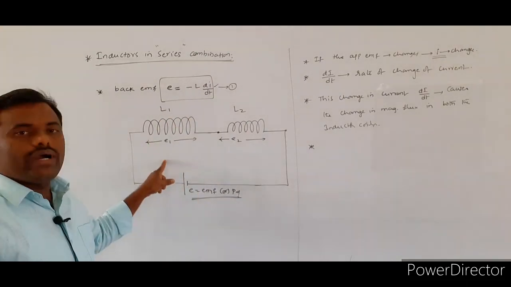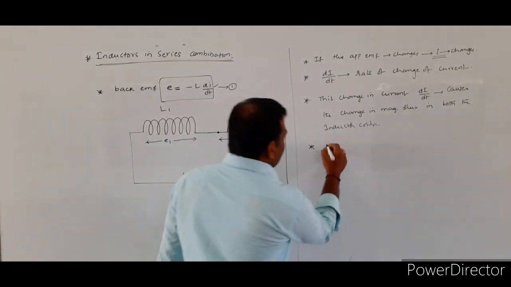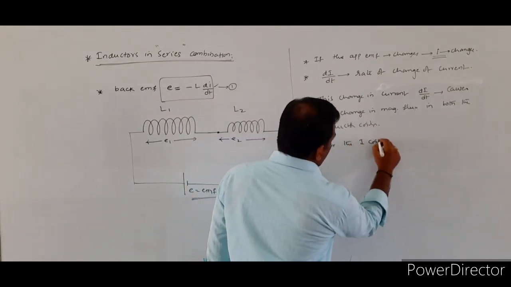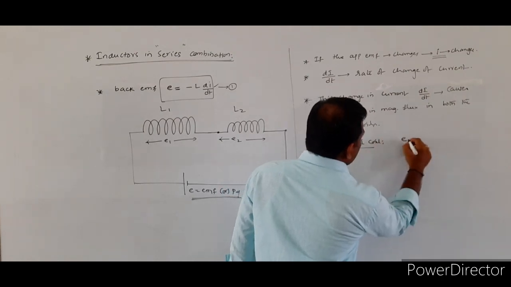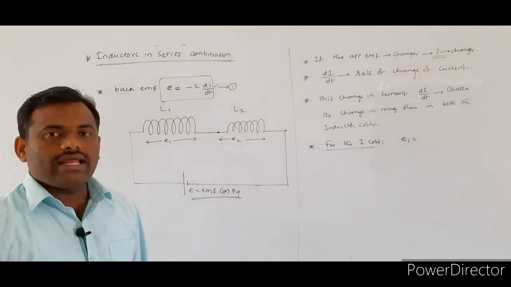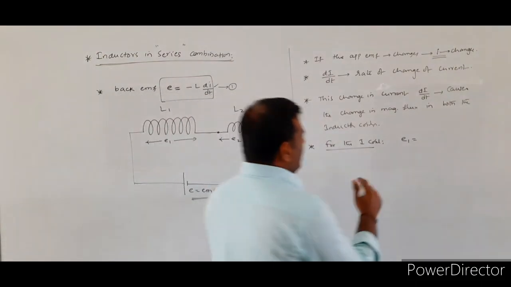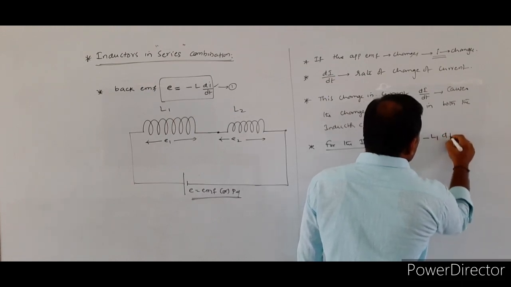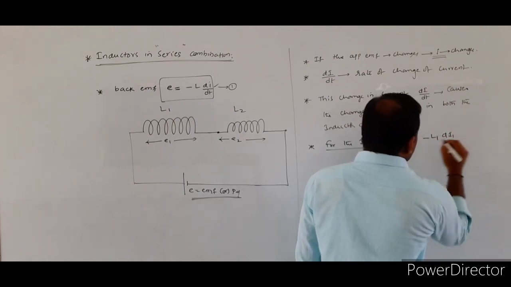For the first coil, the induced EMF value is taken as E1. So E1 is equal to minus L1 into di1 by dt.